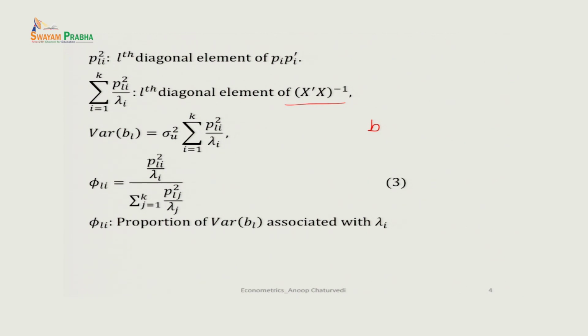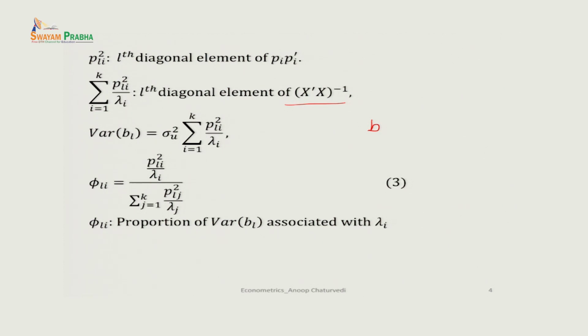And then we define the proportion of variance of b l associated with lambda i as phi l i equal to (p l i square upon lambda i) divided by summation j equal to 1 to k p l j square upon lambda j.